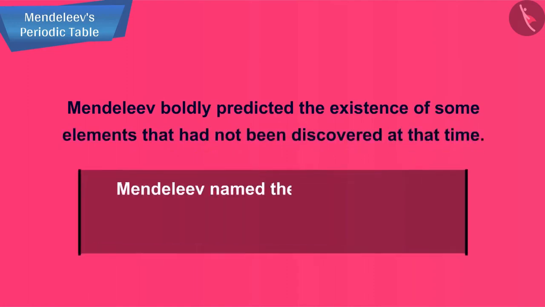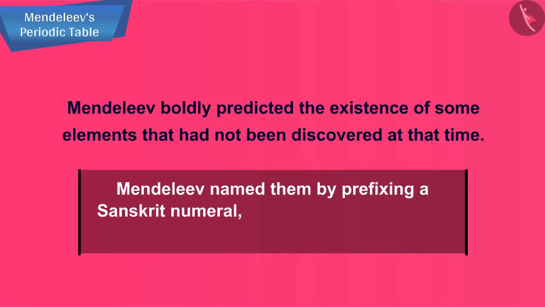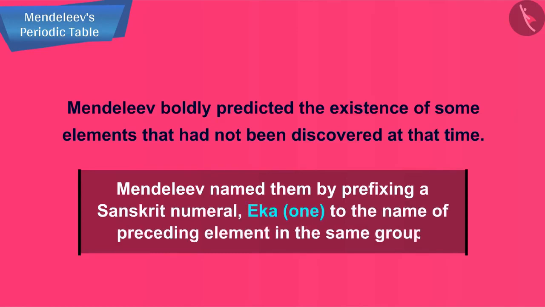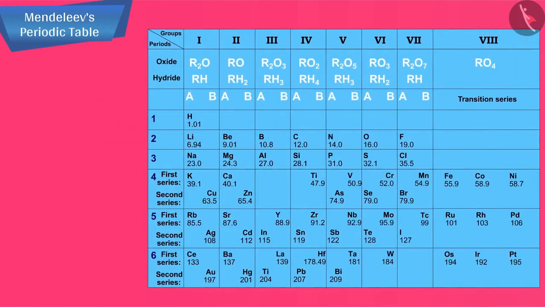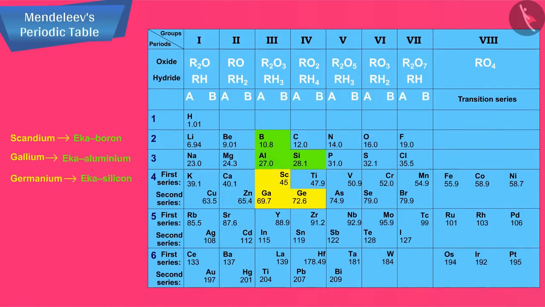Mendeleev named them by prefixing a Sanskrit numeral, Eka, 1 to the name of the preceding element in the same group. For instance, scandium, gallium and germanium, discovered later, have properties similar to Eka boron, Eka aluminium and Eka silicon respectively.